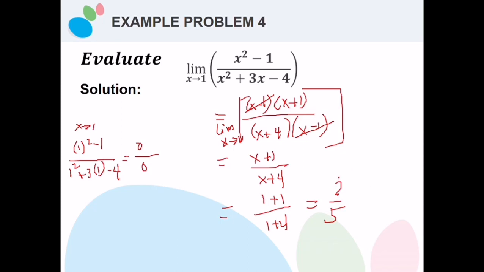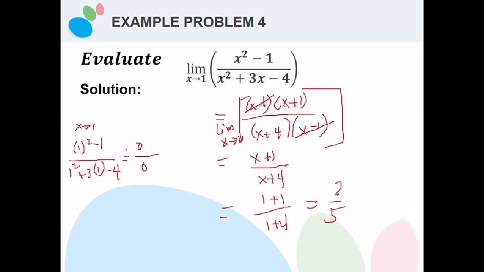So we used the factoring method. If you directly substitute the value of x as it approaches 1, x squared becomes 1 squared and 3x becomes 3 times 1, and you find the result is an indeterminate form.